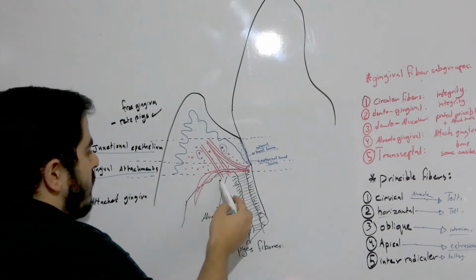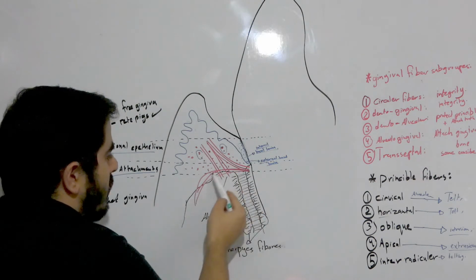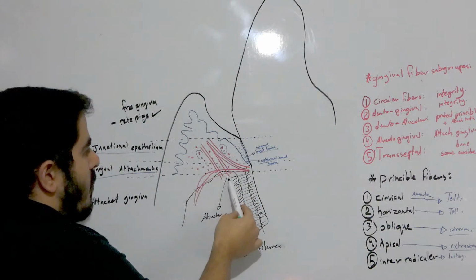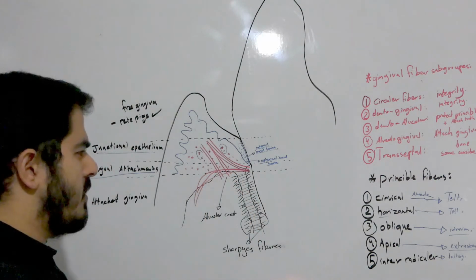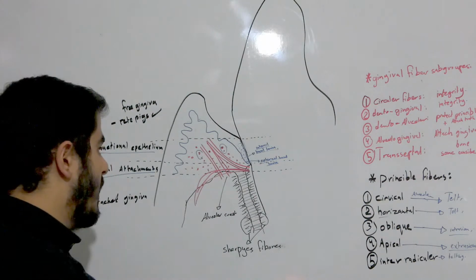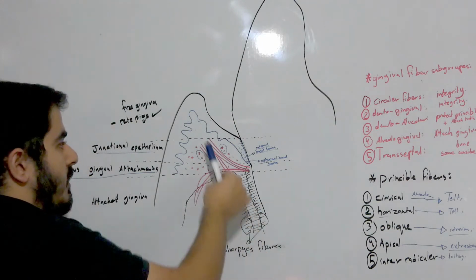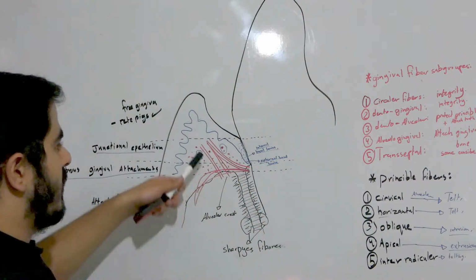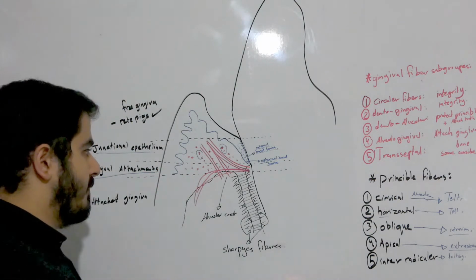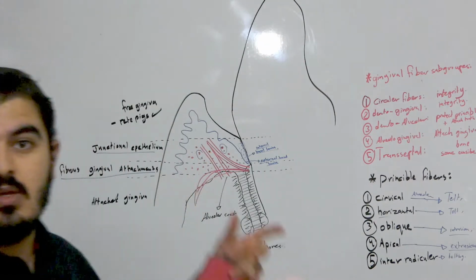We have also fibers that originate from the alveolar crest and go into the gingiva. These fibers are called the alveolo-gingival fibers. They originate from the alveolar crest and attach into the lamina propria of the gingiva, and are responsible to attach the gingiva to the bone.